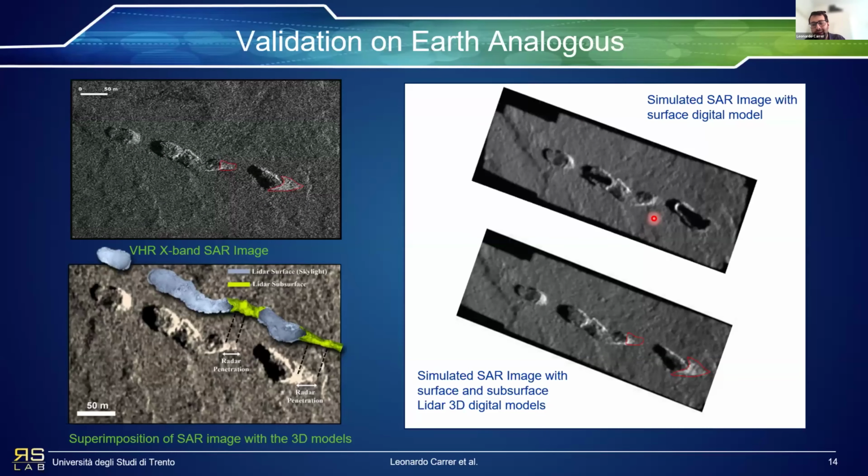And here you can see another validation where on top, you can see the simulated radar image of the surface without the subsurface model from the LiDAR. And here you can see both the surface and subsurface model from the LiDAR simulated. And you can see that by doing this experiment, these parts are actually originating from the LiDAR subsurface model.